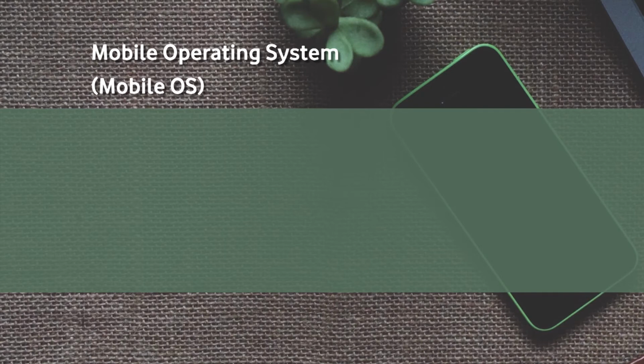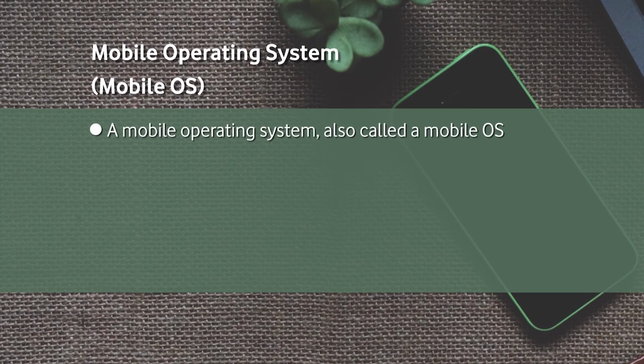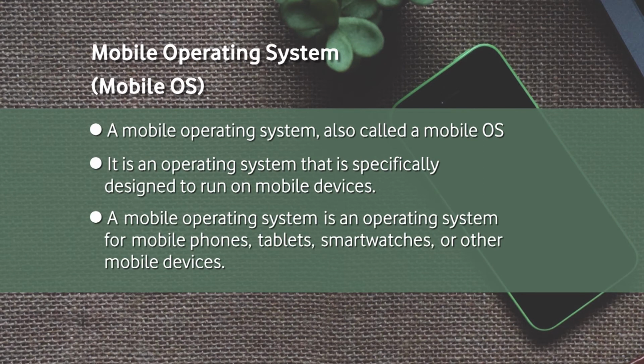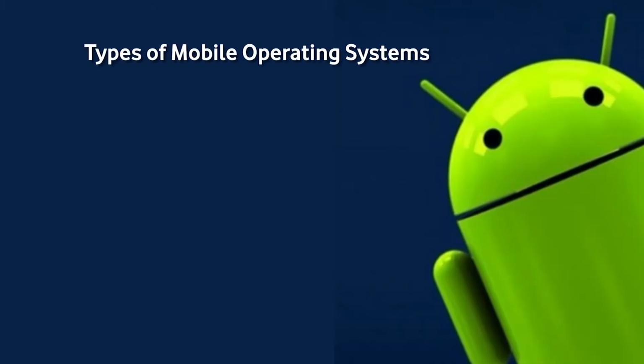Mobile operating system: if we are not aware that we are using a mobile and it has an operating system, then obviously it is very essential for a computer literate person to know that we have an operating system installed in our mobile phones, and that particular operating system is working for that mobile phone. It all depends on what kind of mobile phone you are using.